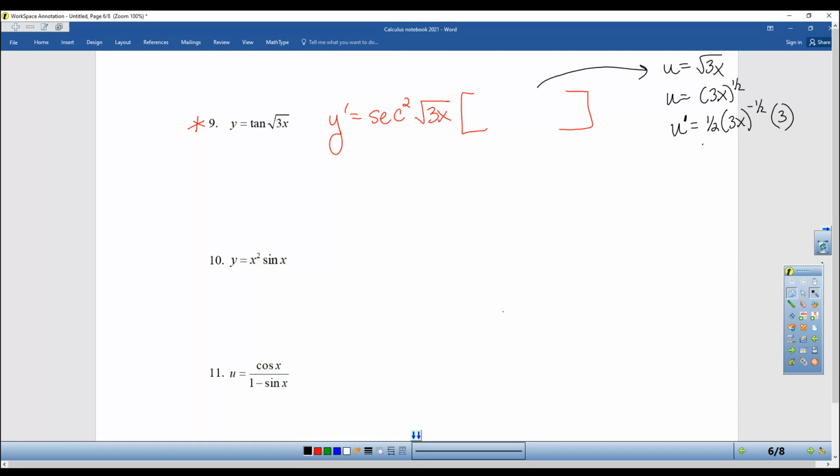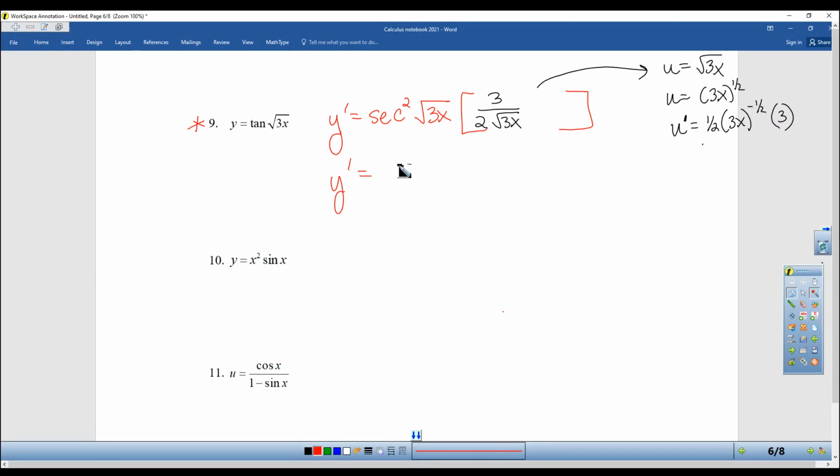I know that did not look too hard, but for some reason, when people try and do it as part of a bigger problem, they get it wrong. I know I've said it like 5 times. Somebody's still not listening to me. So this becomes 3 over 2 square roots of 3x. This square root of 3x is attached to the secant. It does not cancel with this one out here.